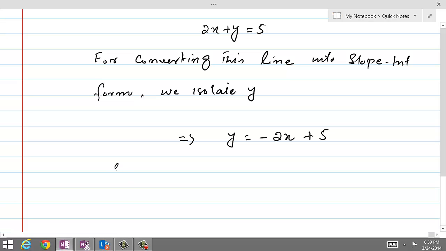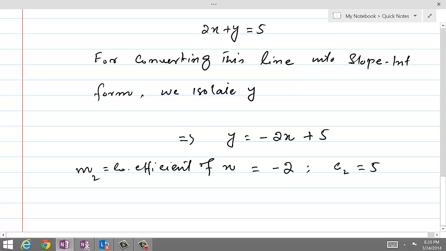Here the coefficient of x is M2, meaning the slope of this line, and this is equal to -2. And what is the y-intercept? The y-intercept is the constant term, that is 5 again. So C2 is equal to 5.